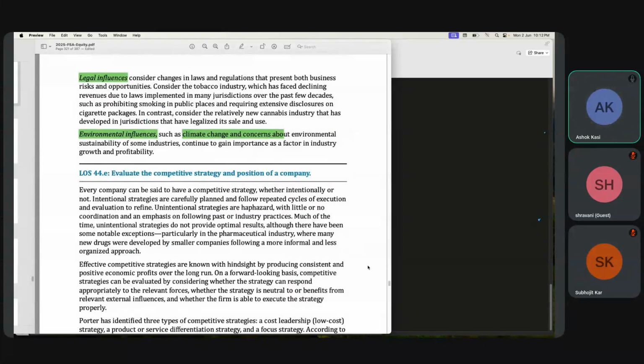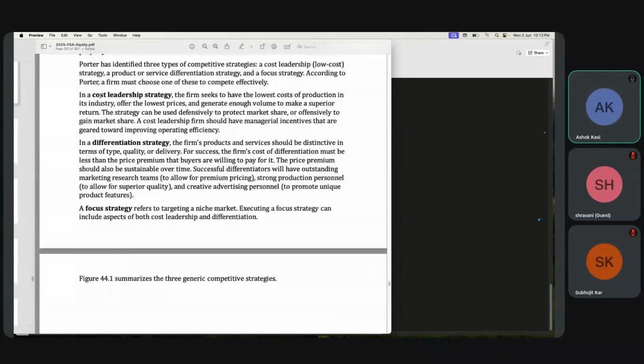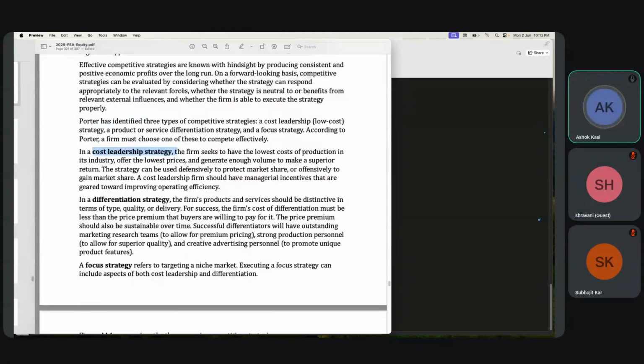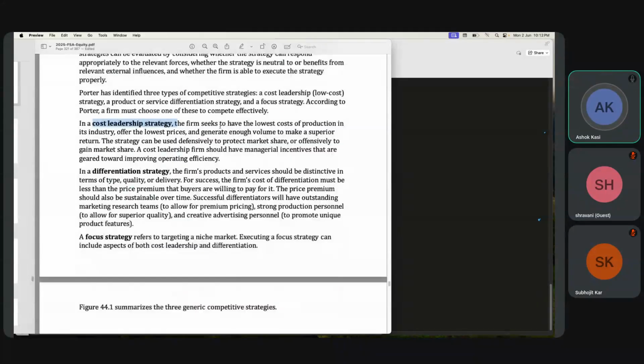So cost leadership strategy. Cost leadership strategy means what?